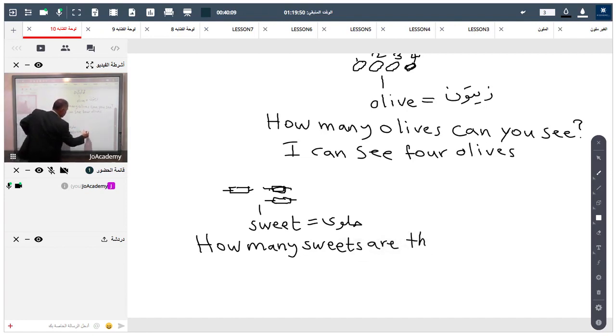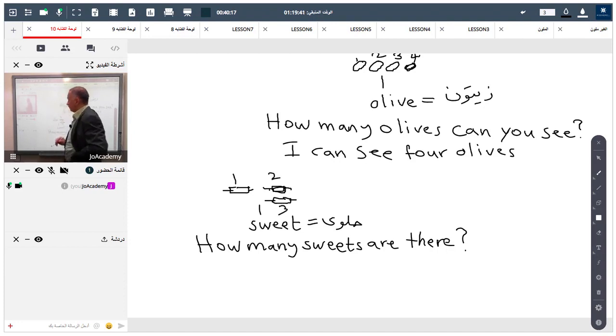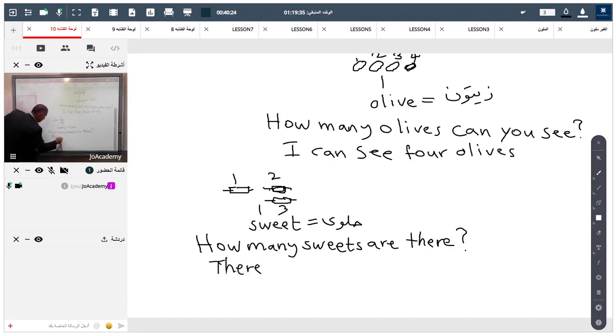Who can tell me? Who can count? 1, 2, 3. There are 3 sweets.